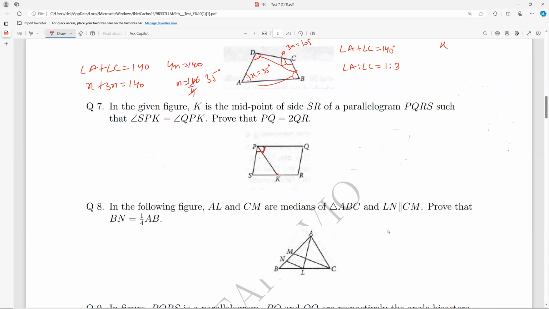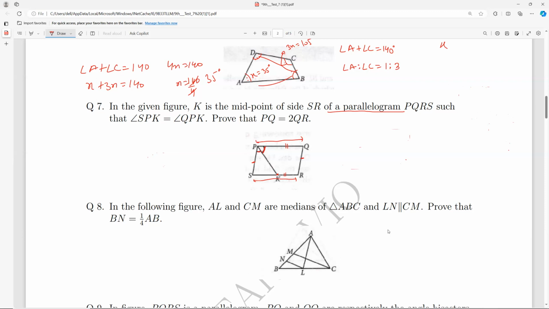Since it is given that PQRS is a parallelogram, this side will be equal to this side, because opposite sides of parallelograms are equal. And this side will be equal to this side. Got it? Yes, sir.